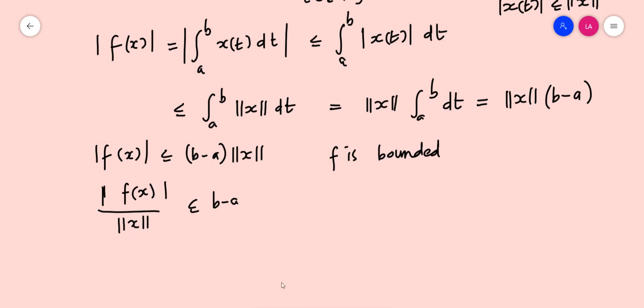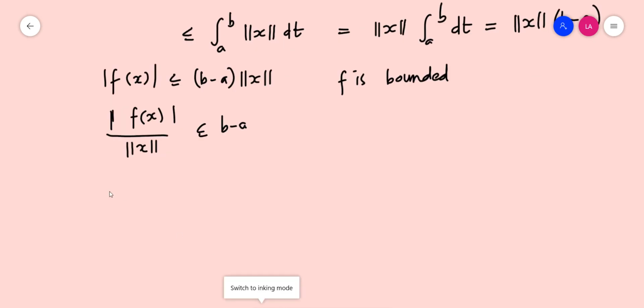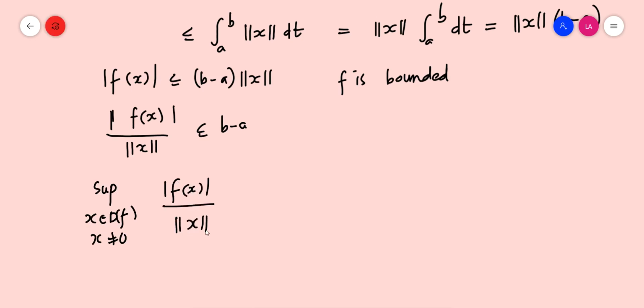Now take the supremum over x in the domain of f, x not equal to 0, of modulus of f of x by norm x. Since each of these elements is less than or equal to b minus a, the supremum should also be less than or equal to b minus a. Now this is actually norm f, which implies norm f is less than or equal to b minus a. Equation number 1: norm f is less than or equal to b minus a.